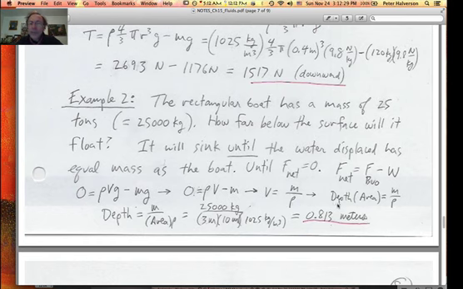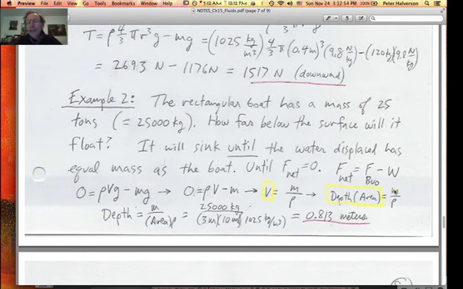The next step is to remember that the volume v is given by the depth of the boat, how deep it sinks, and the area of the boat, looking down on it.